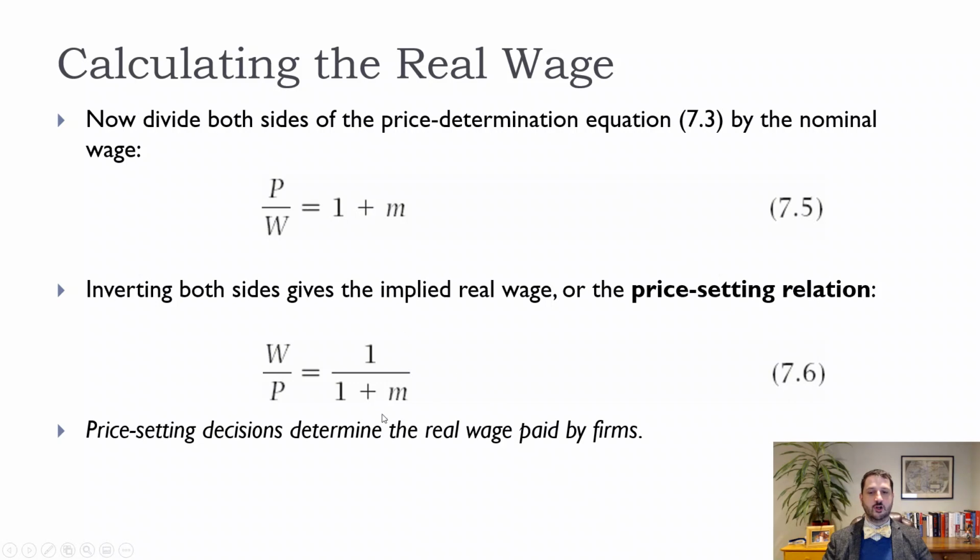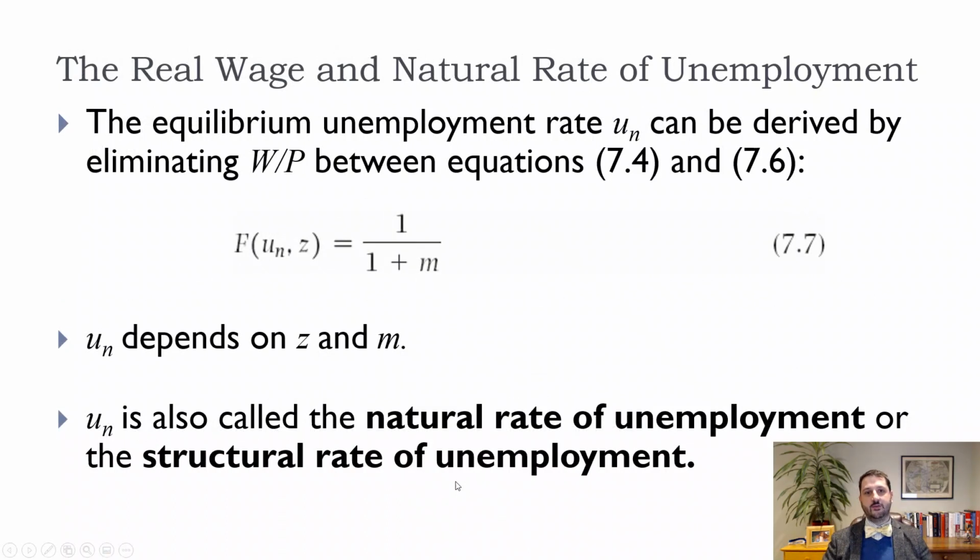And look, there's no unemployment rate here, right? So this is going to be interesting. This is just going to give us a horizontal line, as we'll see. And then where the two meet is really we just set the two equal, right? So we have the real wage is equal to our function of the unemployment rate and Z, and then we have the real wage is equal to 1 over 1 plus M. We set the two equal, and then the unemployment rate that meets that criterion is what we call the natural rate of unemployment.